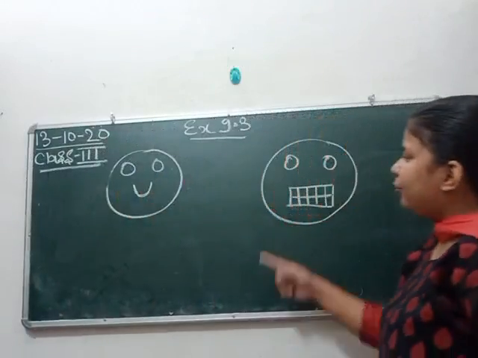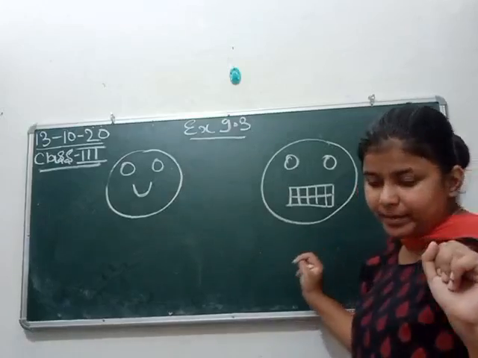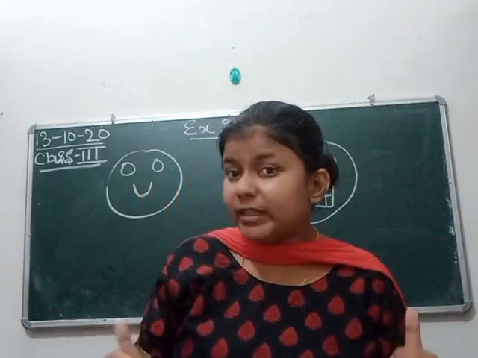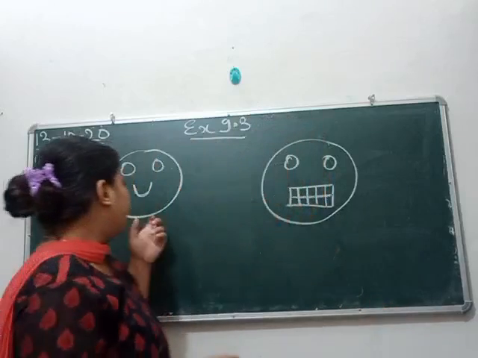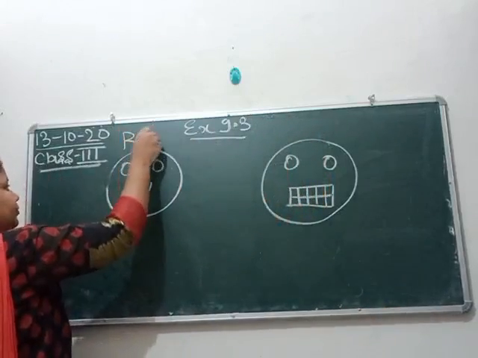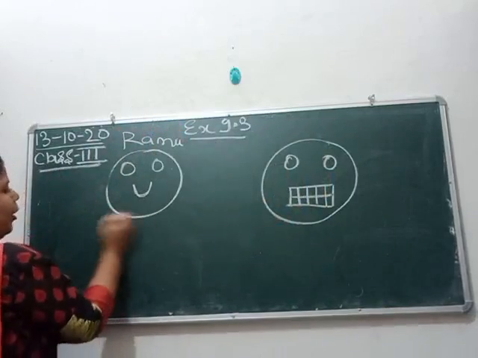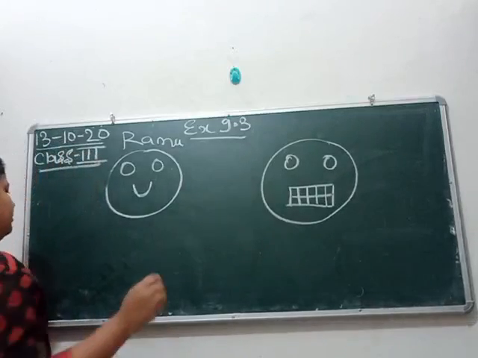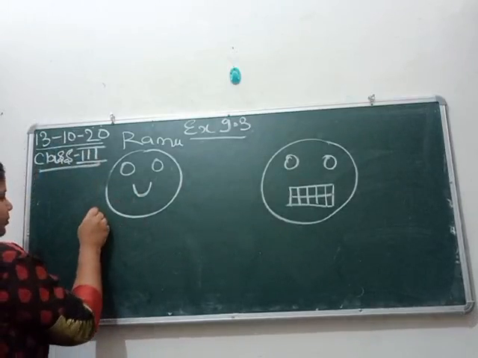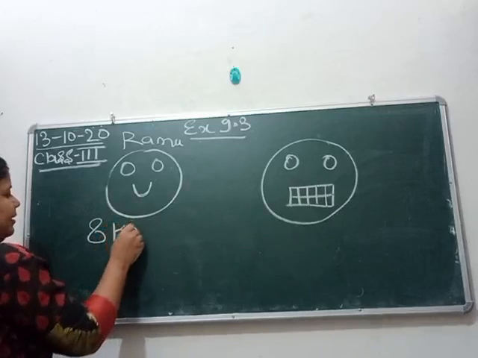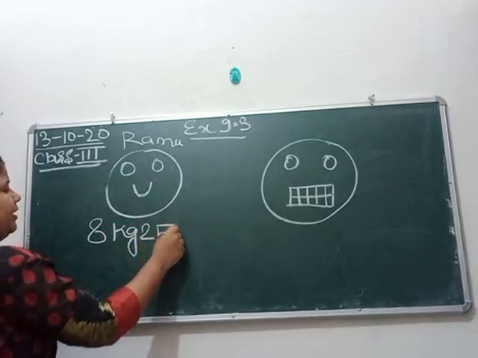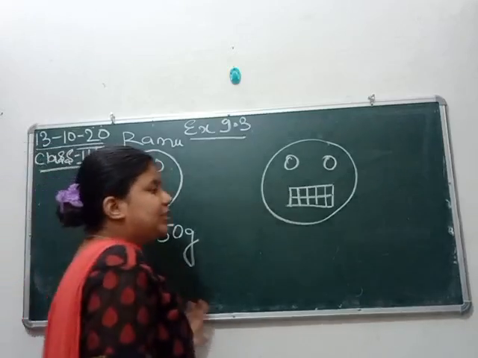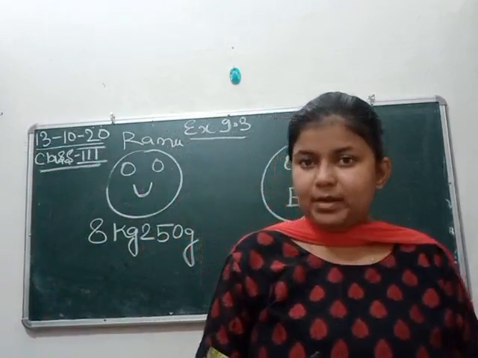Yes. So Ramu and Shyamu, two boys, both have bought apples. Now how much apple have they bought? Mr. Ramu has bought, I am just taking an example, I am not taking numbers from the book, 8 kg 250 gram of apple.